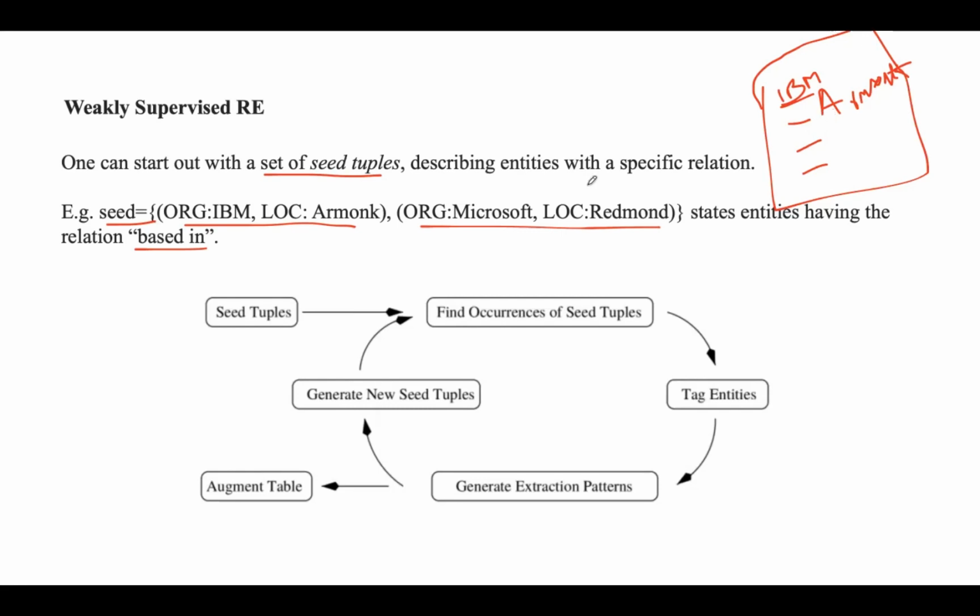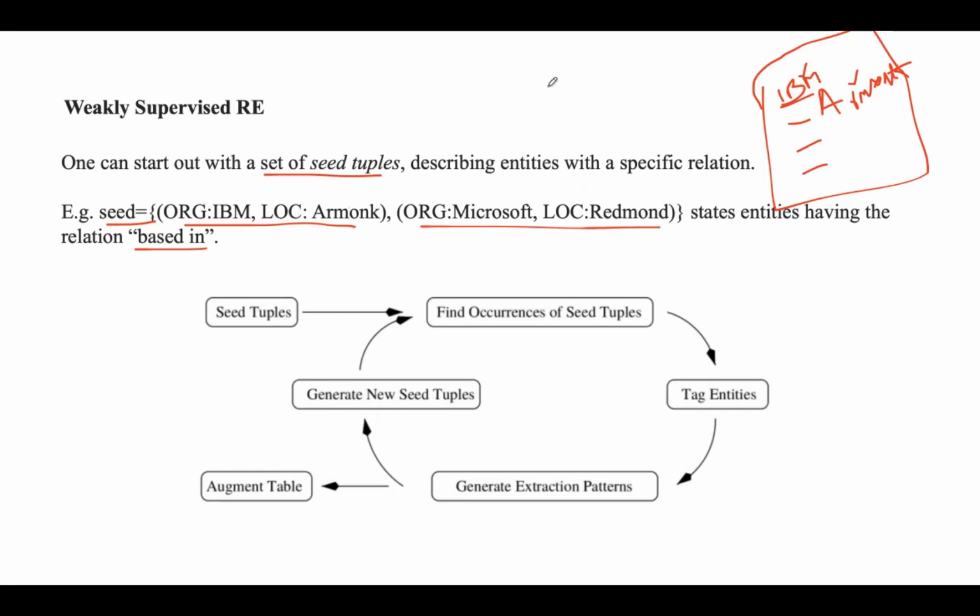So in that case, you need to match these seed tuples, or you need to match occurrences from the unlabeled text. So you need to find out whether these terms are existing in the unlabeled text or not. If they are found, then you need to match them with the seed tuples.